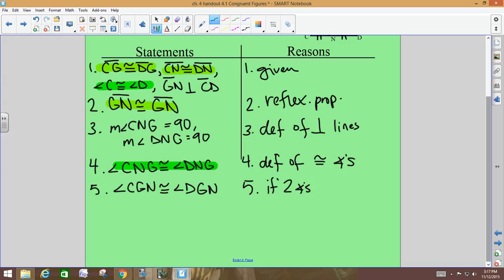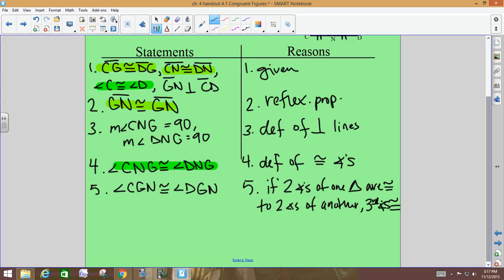If two angles of one triangle are congruent to two angles of another, comma, third angles are congruent.